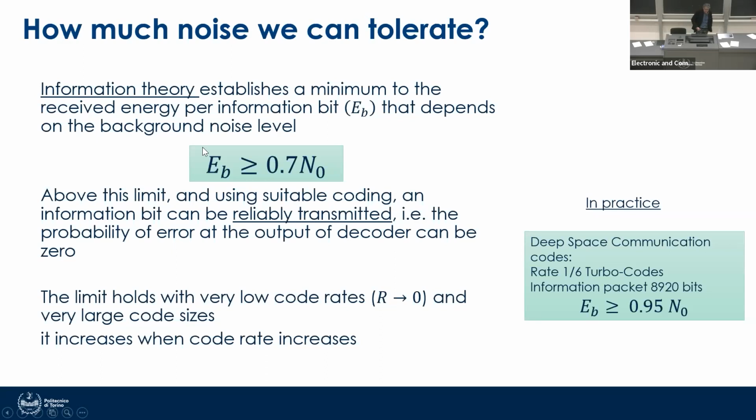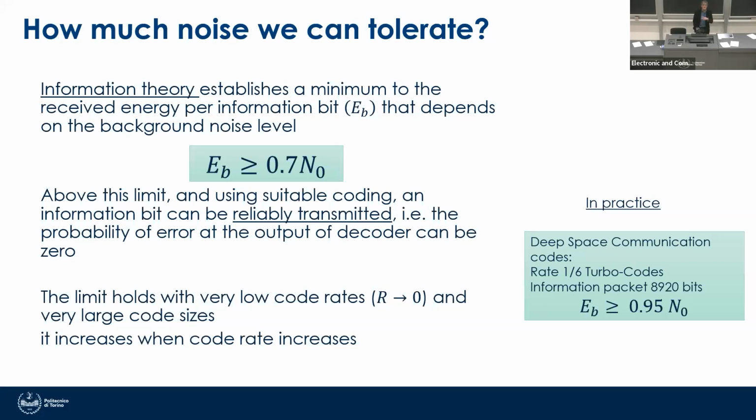This tells you that if you can collect from the space for each information bit an energy Eb that is larger than a fraction of the background noise, that is N0, then you can build a code that corrects all the errors. So you can send that bit reliably, we say. Sending reliably means we send it and we receive it with no errors.